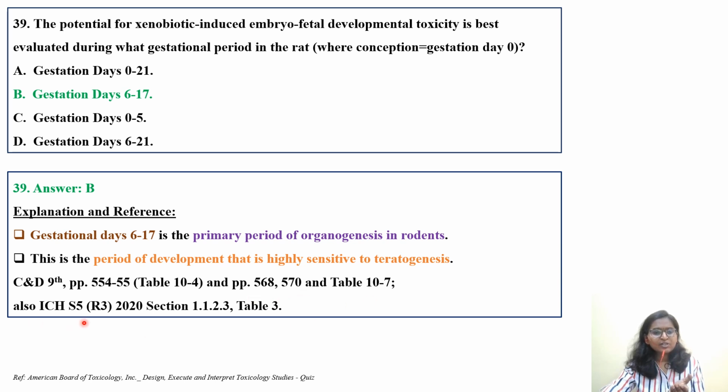With respect to the ICH S5 guideline revision 3, you have to read particularly section 1.1.2.3, table 3, in that guideline. So let's see in our subsequent slides what we can learn in detail from these tables, so that it will be helpful for us. Any question with respect to this guideline or these tables, if it comes across, we'll be able to identify the answer in our exam.